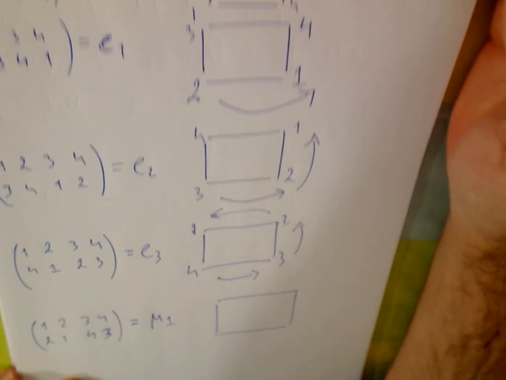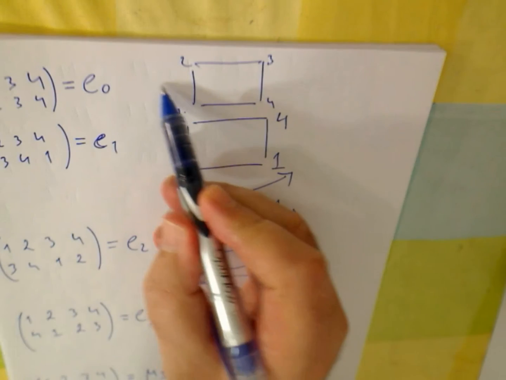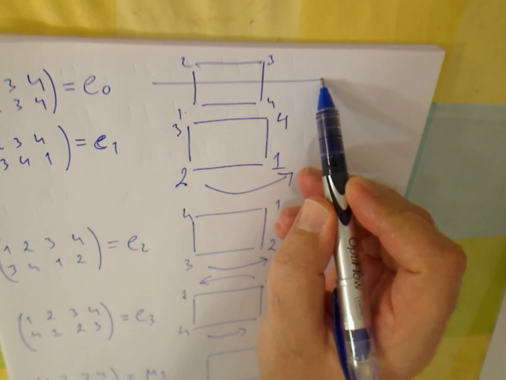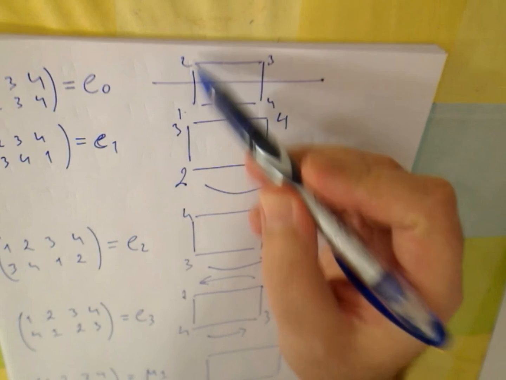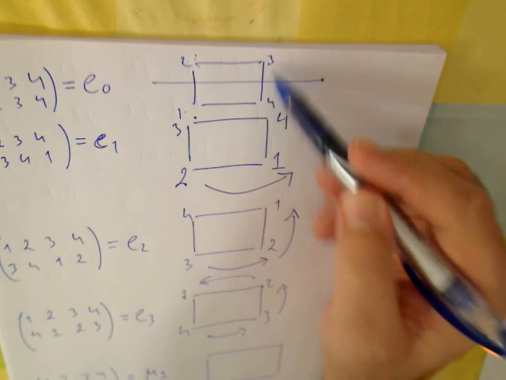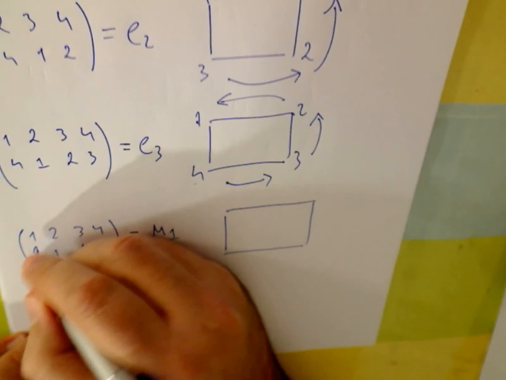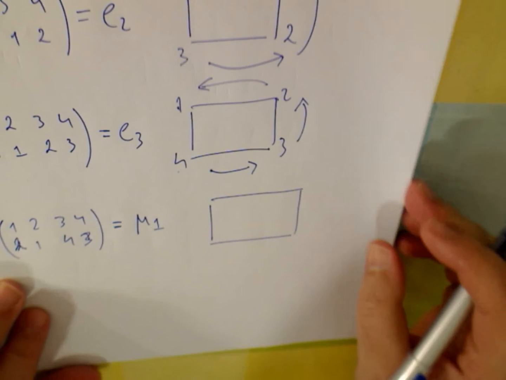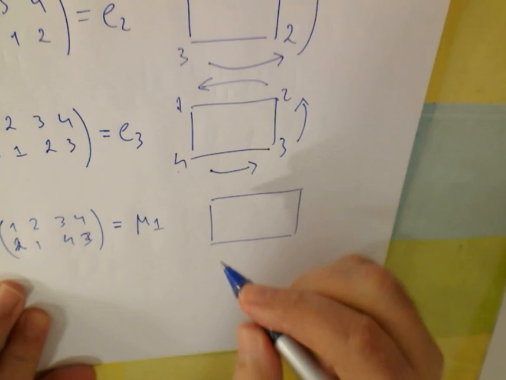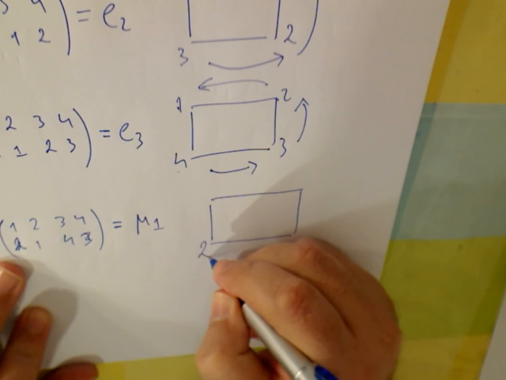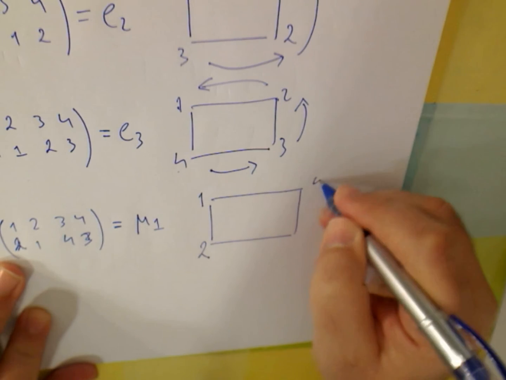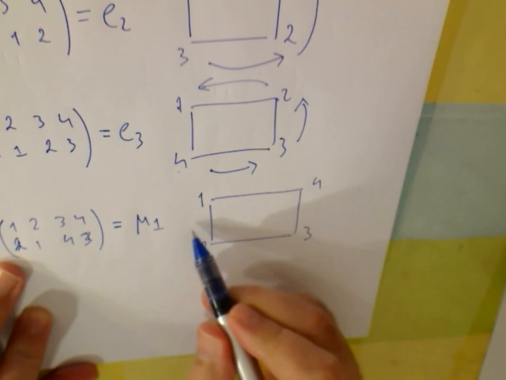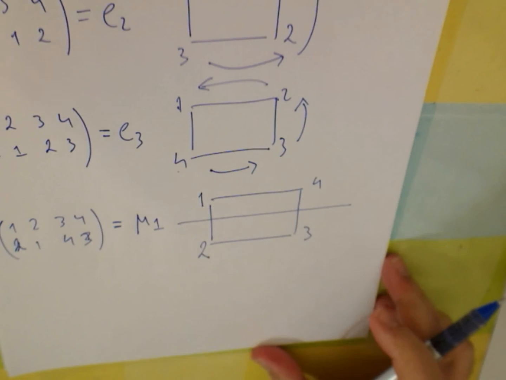So I can mirror through this line. 1 goes to 2, 2 goes to 1, 3 goes to 4, 4 goes to 3. So 2, 1, 4, 3. That's the mirror here.